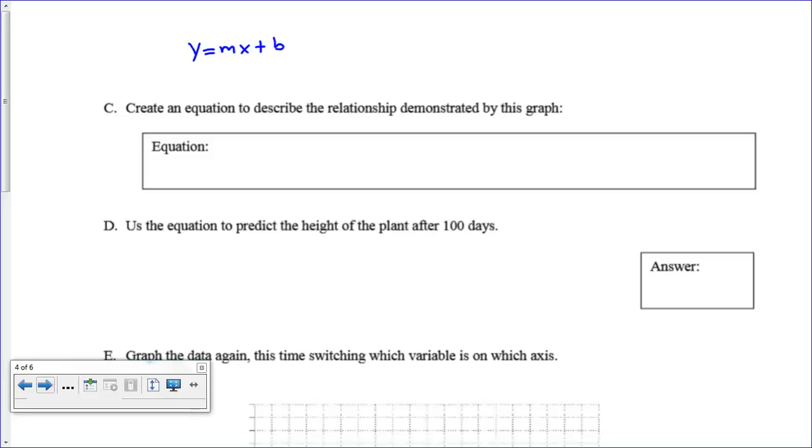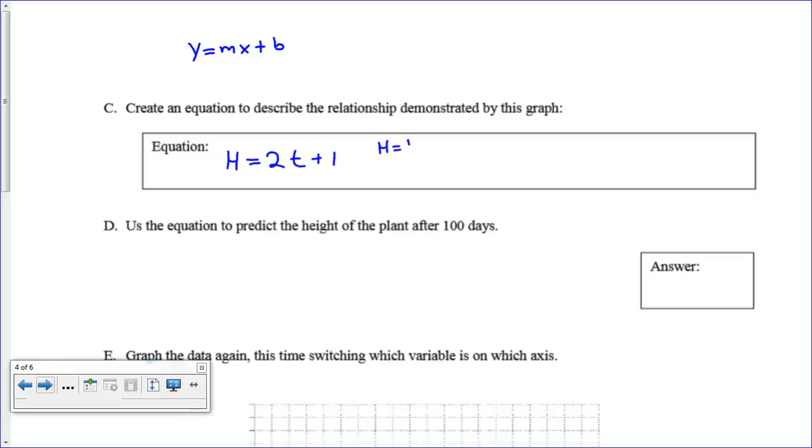So the y variable in this case is going to be the height. So I'll leave that as h equals, the slope we had was 2. The x variable I'm going to put as t for time, number of days that it grows, and plus 1 for the y-intercept.